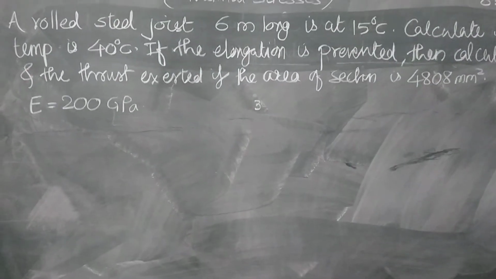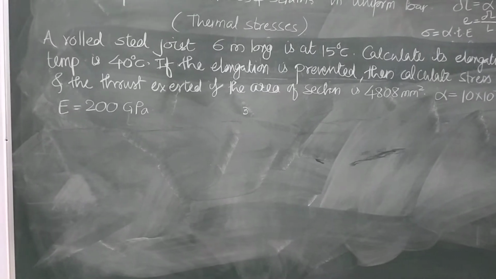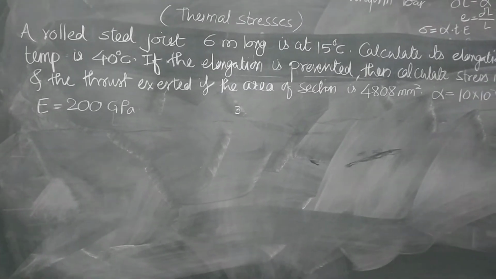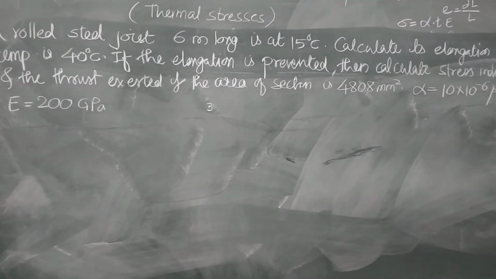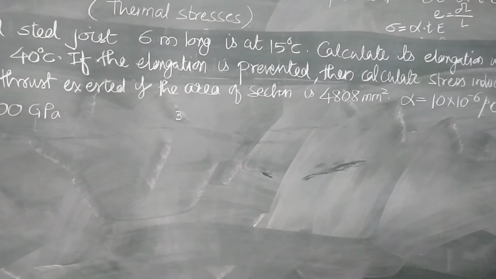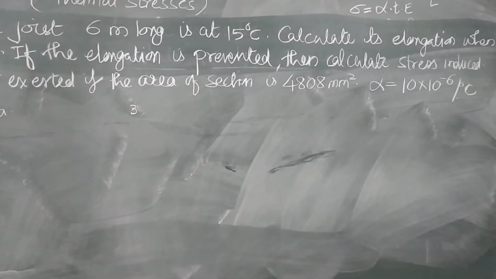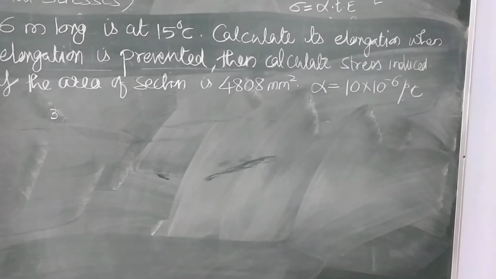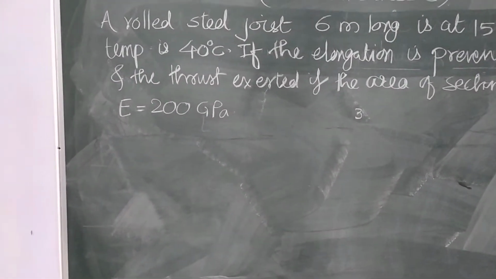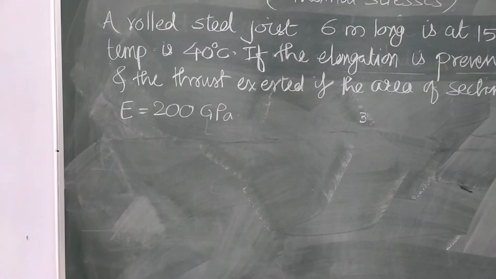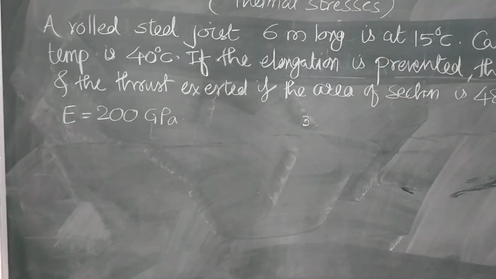Now let us solve this peculiar example from MSBT board exam. A rolled steel joist 6 meter long is at 15 degrees centigrade. Calculate its elongation when temperature is 40 degrees centigrade.